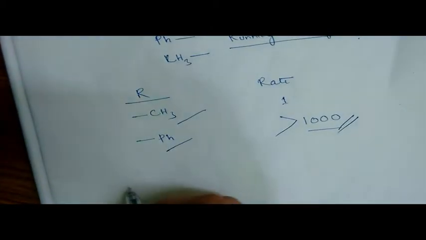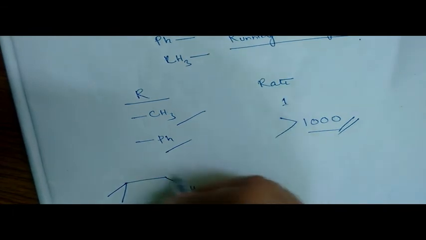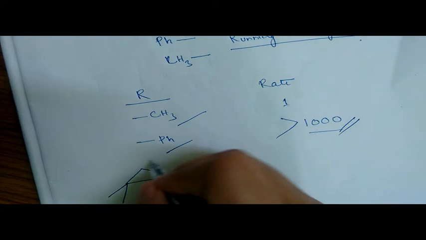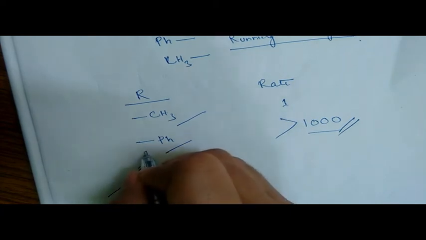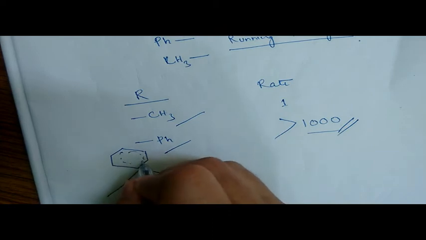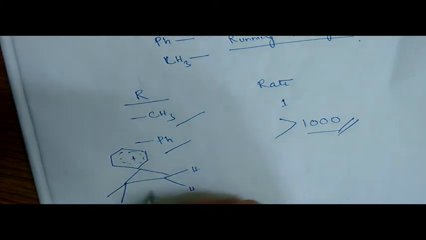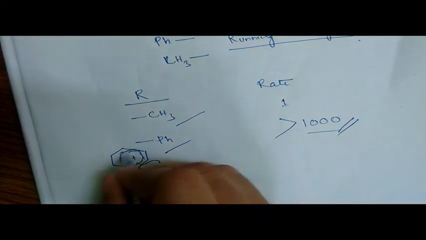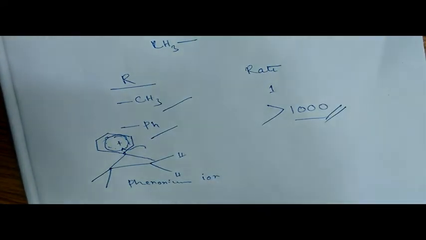Well, if we look at our example, if it is a phenyl group, then during migration we will develop a phenonium ion in which the positive charge is delocalized in the entire ring. This gives extra stability to the phenonium ion.